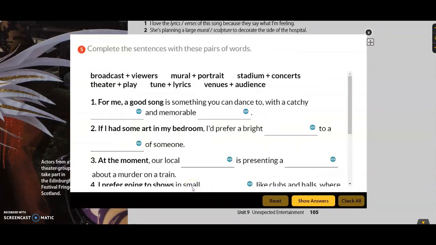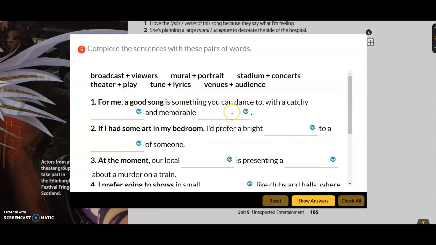Okay, guys, so now we are going to check the words, where do they fit, and we'll see if you have it correct. We have the first one. For me, a good song is something you can dance to with a catchy blank and a memorable blank, and we have to look for the words. We have broadcast, mural, stadium. I think it would be tune and lyrics.